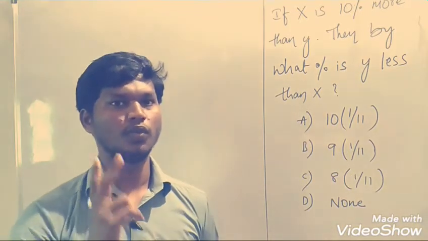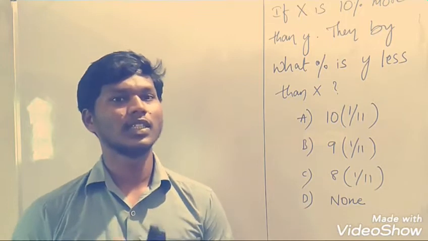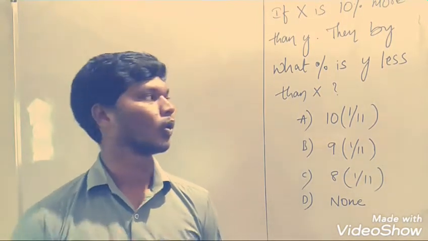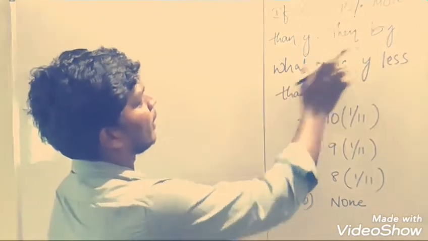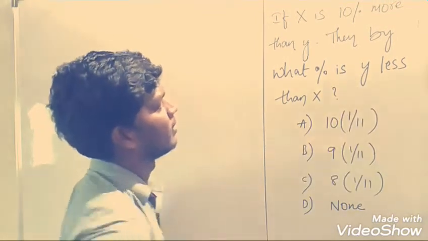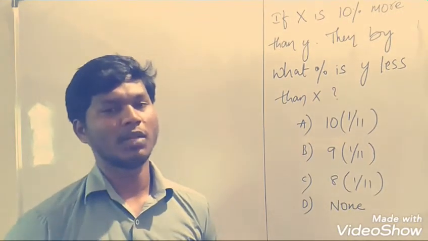We have two formulas: formula number 1 is percent, and formula number 2 is percent less or more. Here he is asking us to find by what percent y is less than x. So we must use formula number 2, right?